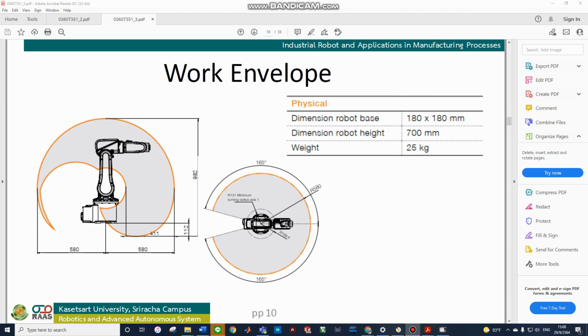The working envelope means the robot should be able to reach any point when the working envelope is reached, and it is normally defined to the center of the wrist axis for a 6-axis robot. This is to the center of axis 5. The shape of the working envelope will be different for different robot configurations.